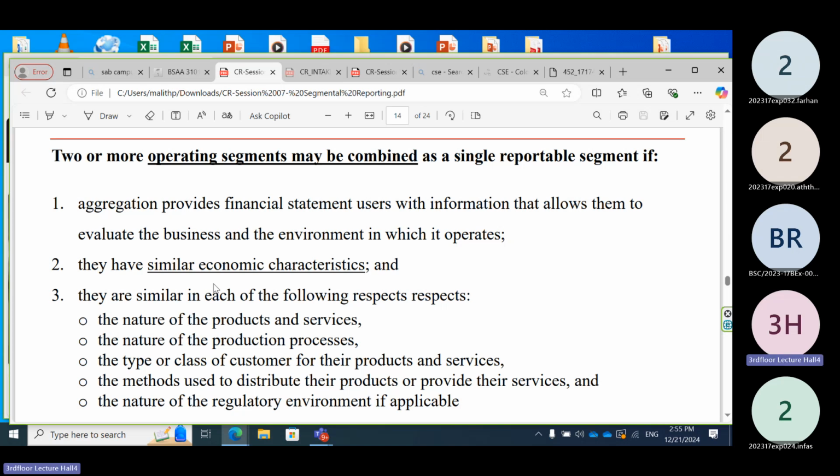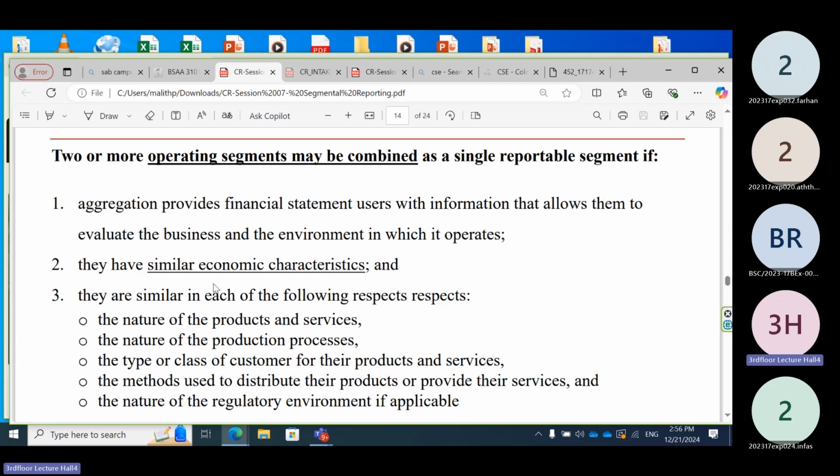That's called aggregation criteria. Aggregation provides financial statement users with information that allows them to evaluate the business and the environment in which it operates. They have similar economic characteristics. According to those similar economic characteristics, you can aggregate some of the operating segments.